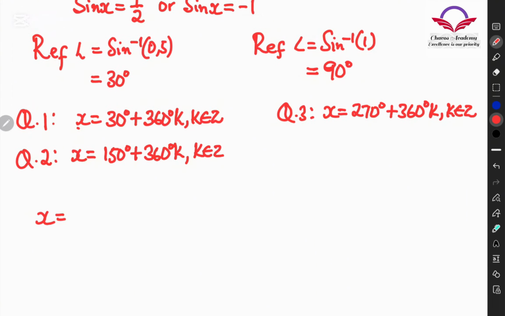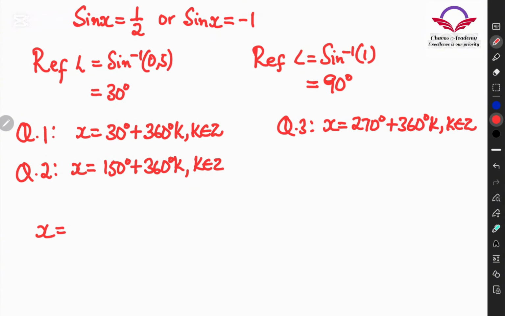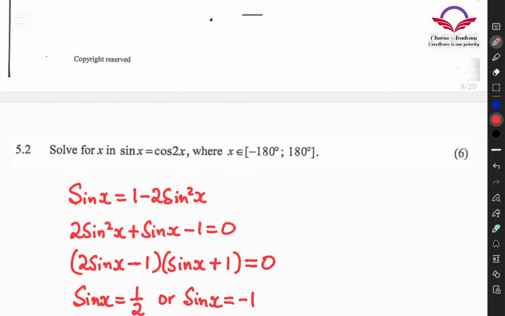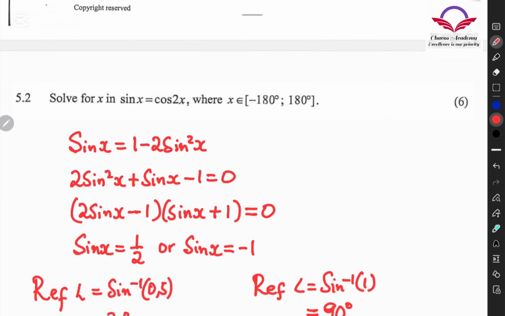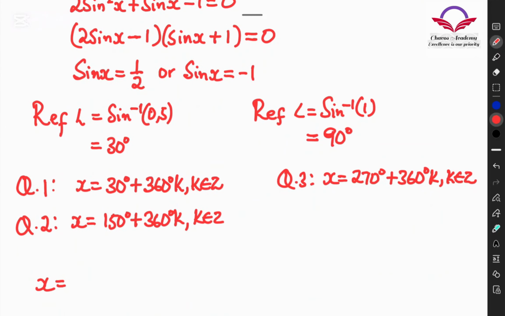We're going to substitute where there's k by -1. If we do that, the answer will be -330, and -330 is before -180, so that's not acceptable.